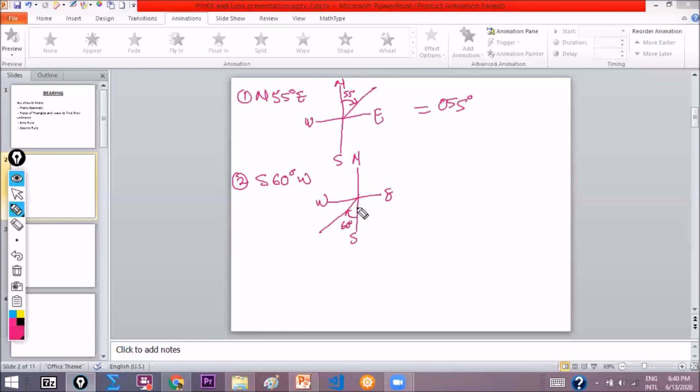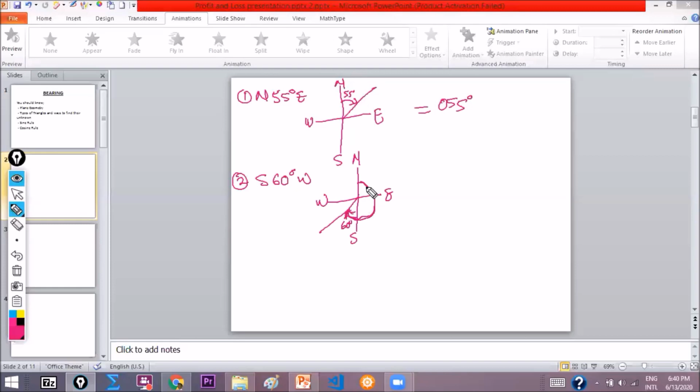To convert now to our 3-digit bearing, 3-digit bearing is always from our north, clockwise. So from here all the way down to here, this will be our angle.